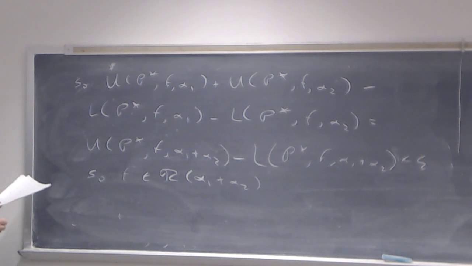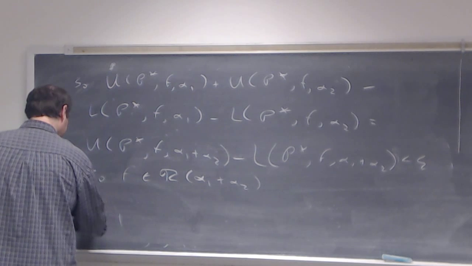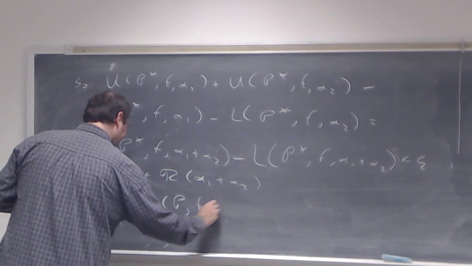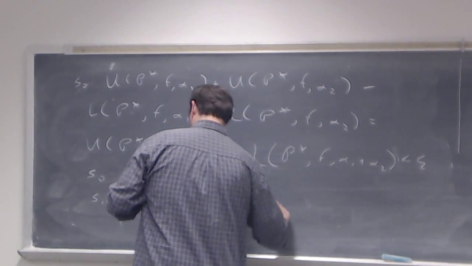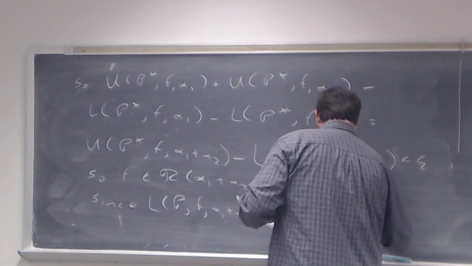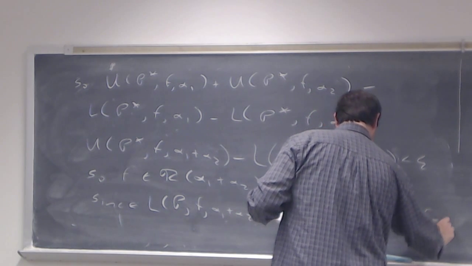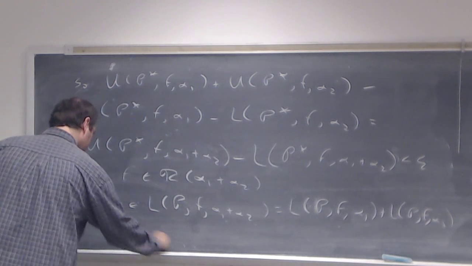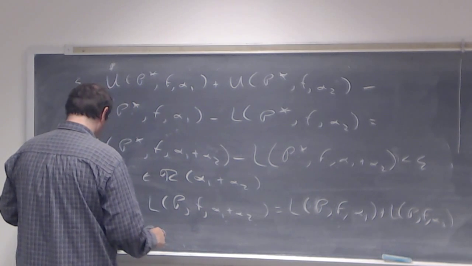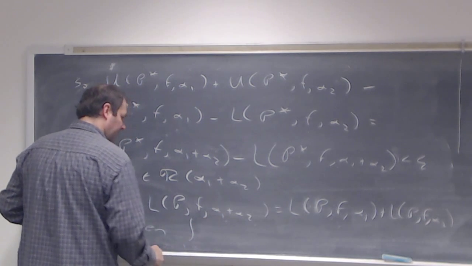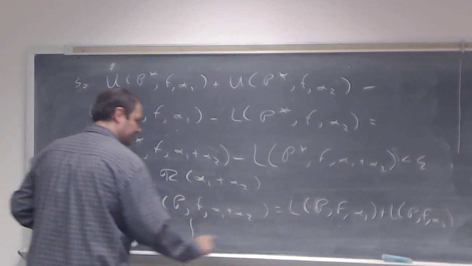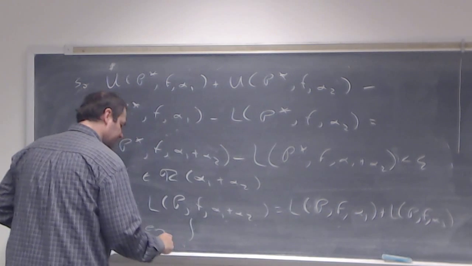Now, since the lower sum with any partition P of f with alpha sub 1 plus alpha sub 2 is equal to the lower sum for the partition of f with alpha sub 1 plus the lower sum for the partition of f with alpha sub 2, then the supremum of this is going to be less than or equal to the supremum of each one of these added together.